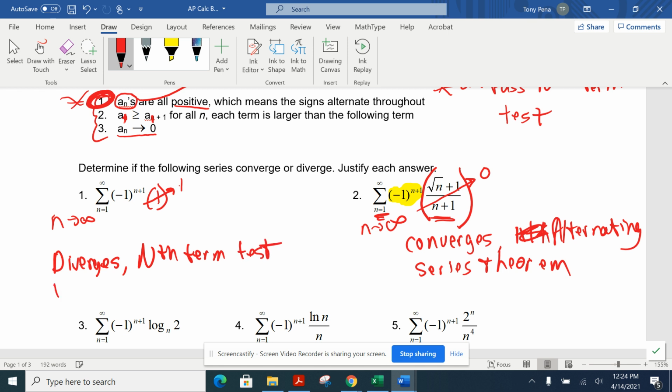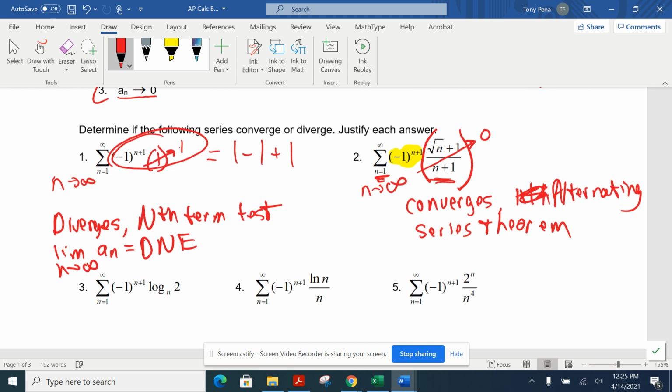How we know this fails is, as n goes to infinity, we want to state what limit this would be producing. So we go 1, -1, 1, -1, and so on and so forth. That limit does not exist. We just bounce back and forth between 1 and -1. So that doesn't exist.